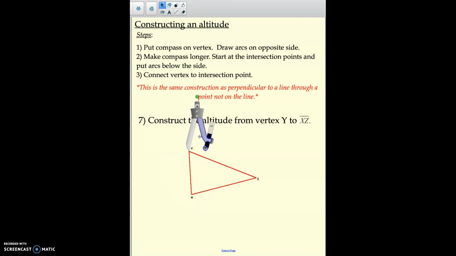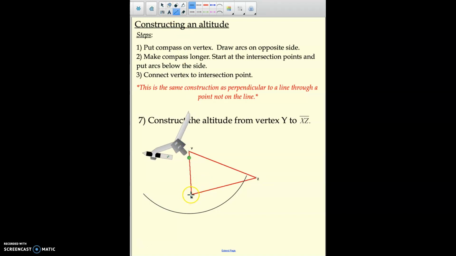So just make sure that you drag that compass out far enough so it is going to intersect that line in 1, 2 spots. Uh-oh, it's not intersecting. If that ever happens, all you have to do is take your line here and extend it in the opposite direction. And now that's going to be good.